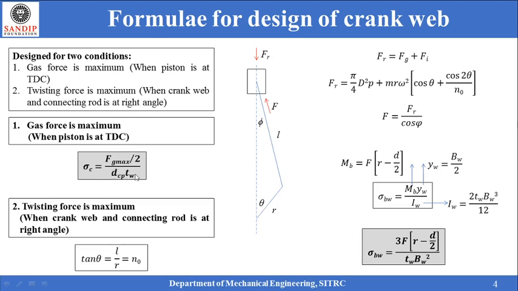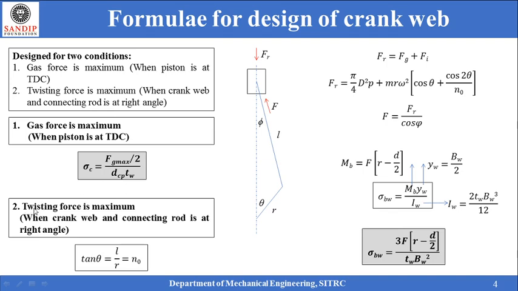Since there are two crank webs, the maximum gas force is halved over here, which is Fg max upon 2, and the resisting cross section area is dCp into Tw, which is thickness of the crank web. From this formula, thickness of the crank web can be calculated if the crushing strength of the material of crank web is known.